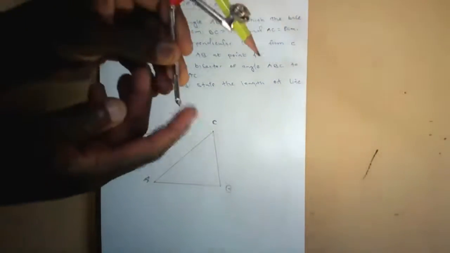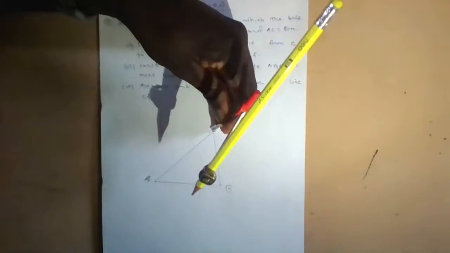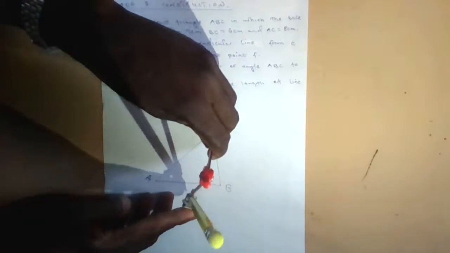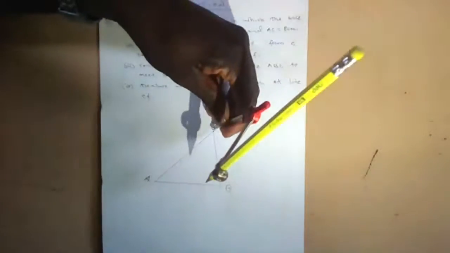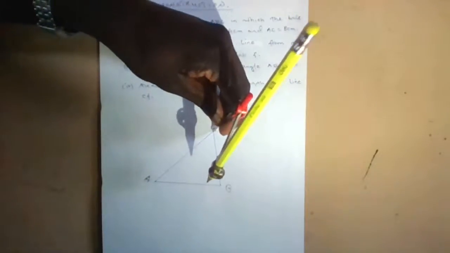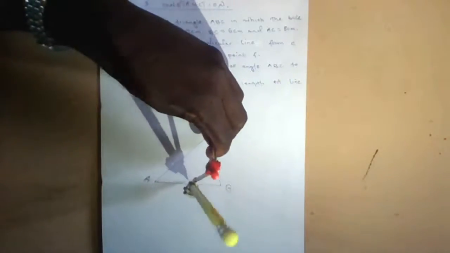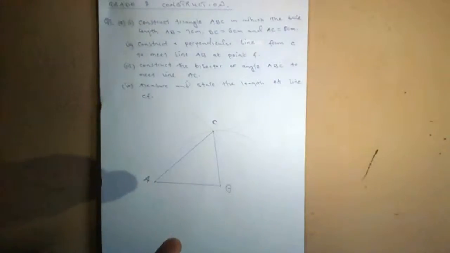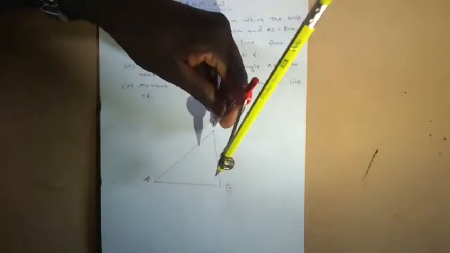You put the sharp point of the compass at the point where C is, and then you adjust it a little bit to make sure that the arc you draw has to cross this line twice. I'm saying you open your pair of compass at some point, and then this sharp point stands at C. You adjust your pair of compass in such a way that it has to cross this line twice. So how do I open my compass?